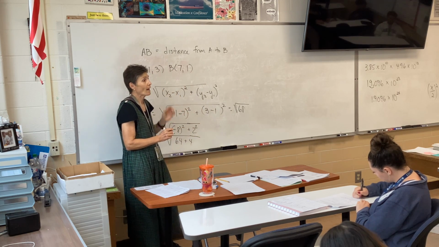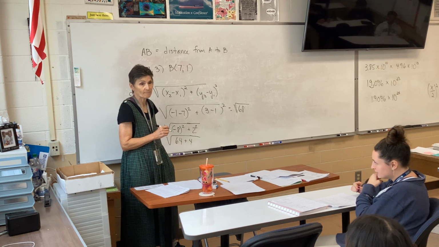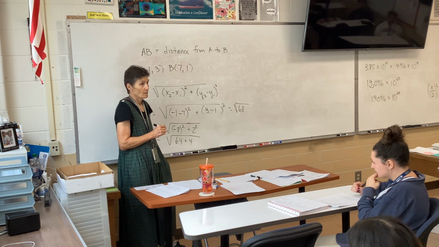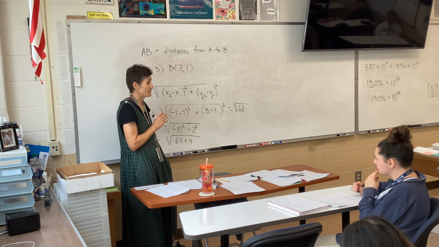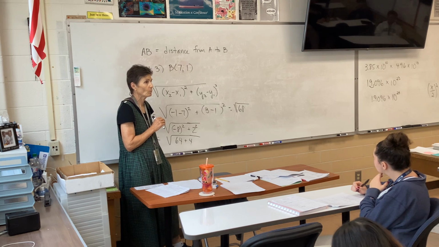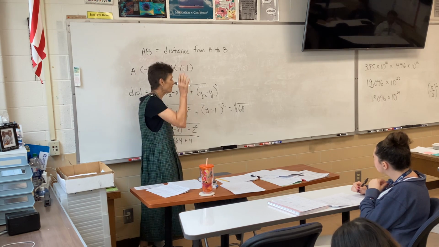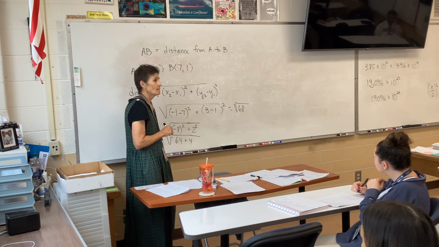If your radicals break down, you should always break them down. So do you know what I mean by reducing the radical or breaking it down? The square root of 68. What do I do? Wouldn't it be like 8 and then the square root of 4? Or is it something else?